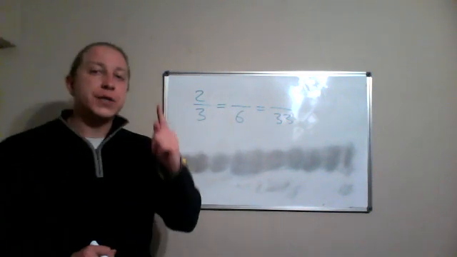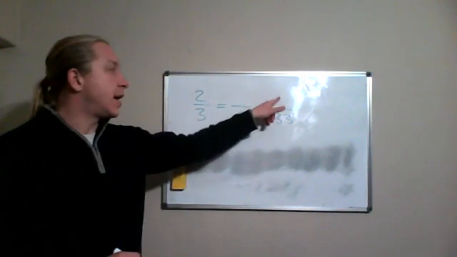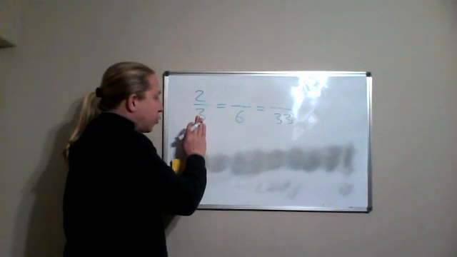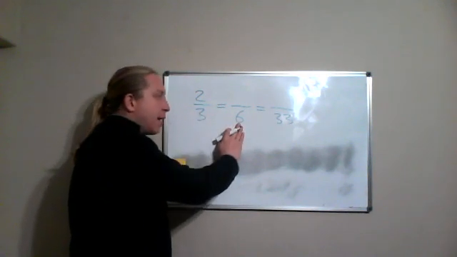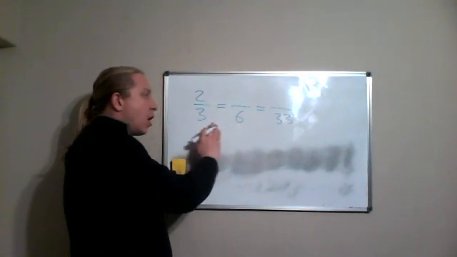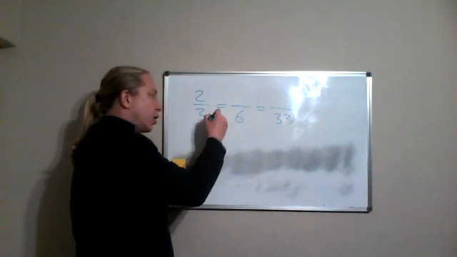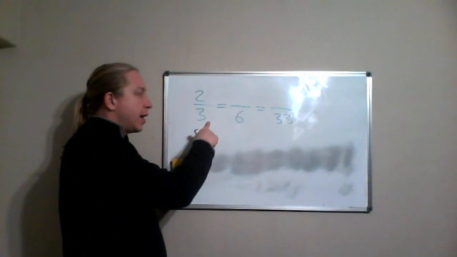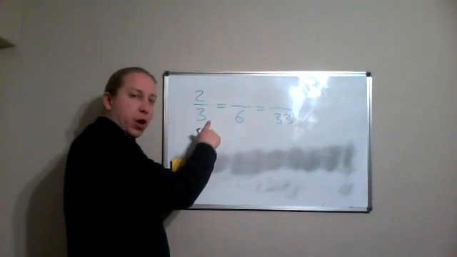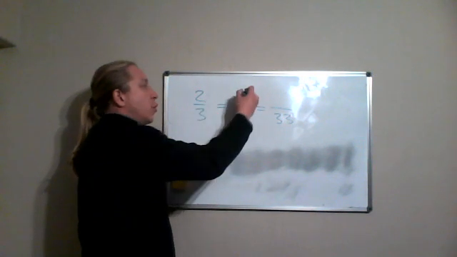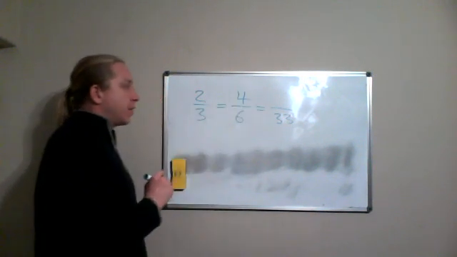So we're going to use that logic to find these numbers at the top. We look at this 3 and we can see it's becoming a 6, right? What did we have to multiply by to get to a 6? We had to times by 2 here. Whatever we did at the bottom, we have to do at the top. So it's going to be 2 times 2, which will give me 4 out of 6.